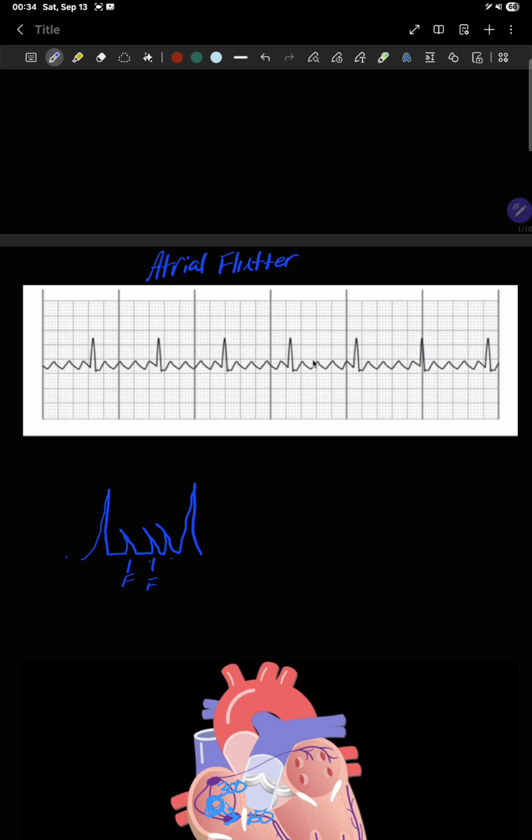F. F. So now I can call the doc or the charge nurse and say, hey, I have a patient out here, Mr. Jones, chest pain, shortness of breath, did an EKG, and he has atrial flutter with a 3-to-1 ratio. And your charge nurse is going to say, oh, that's kind of fast. Let's get him back. Okay, so that's why that matters.